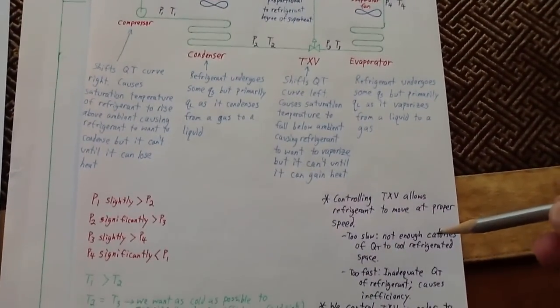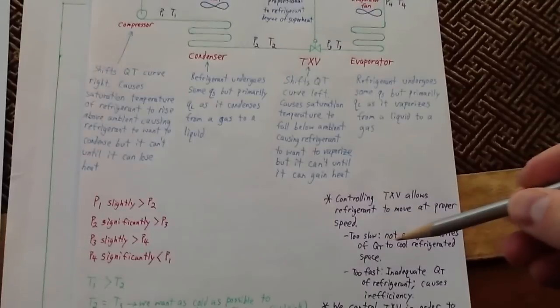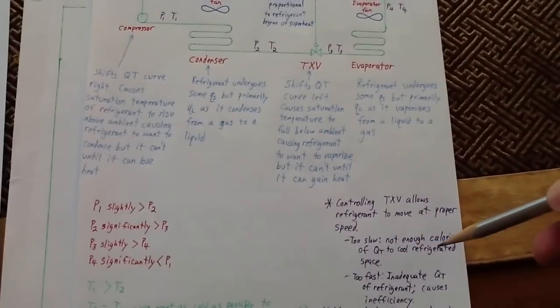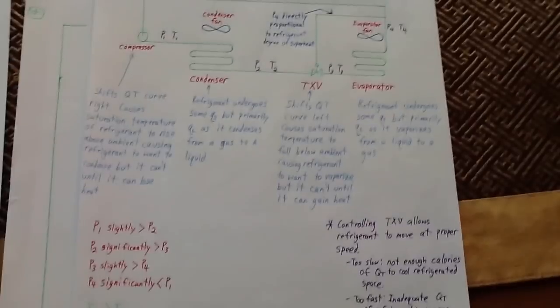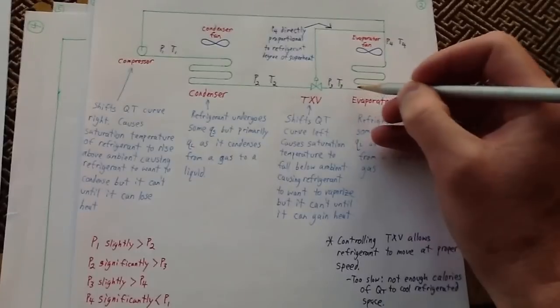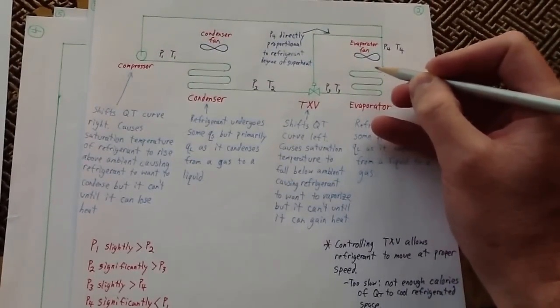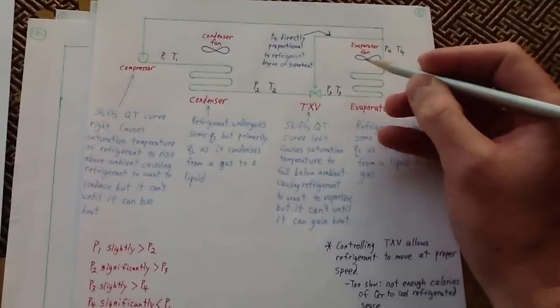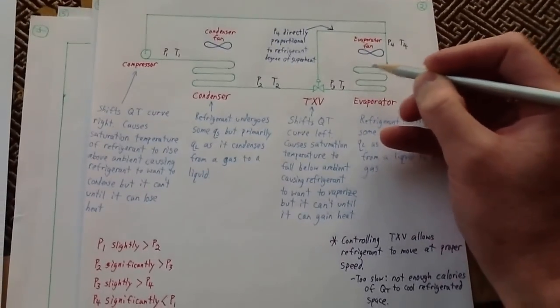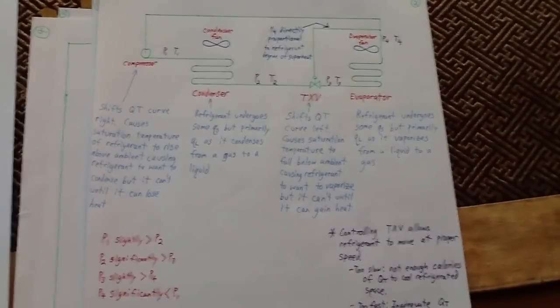If you go too slowly through it, there's not enough total heat transfer to cool the refrigerated space. If you're moving too slowly, it's going to absorb a lot more heat earlier on in the evaporator, but later on in the evaporator it's going to be roughly the same temperature as the inside space, and because of that you don't have nearly as much heat transfer taking place in the later portion of the evaporator.